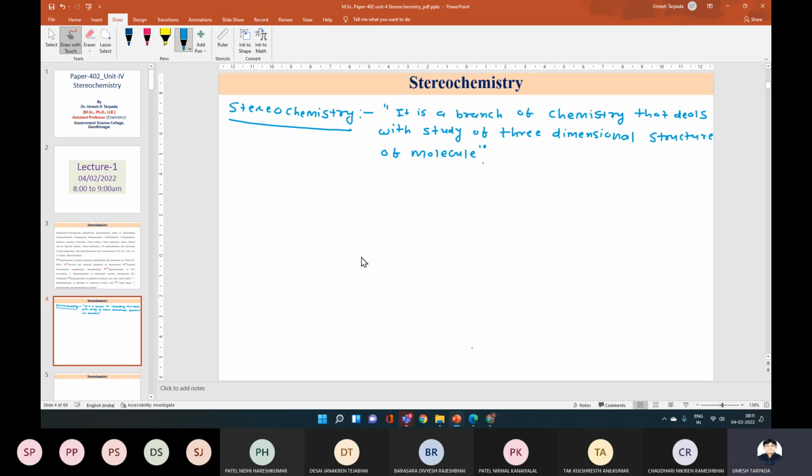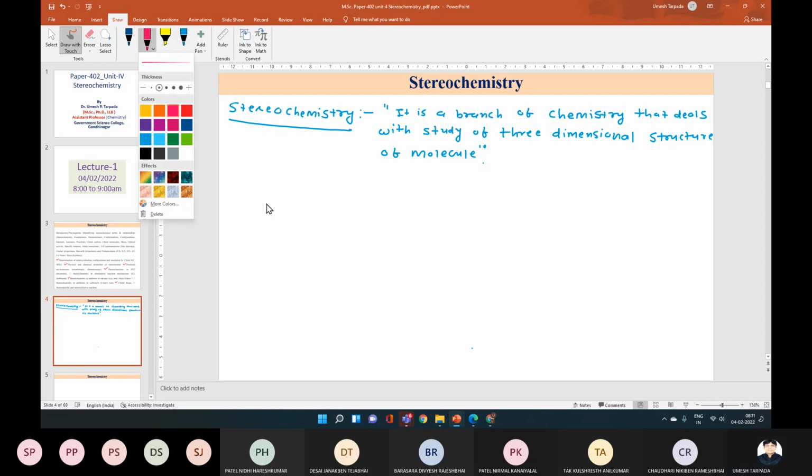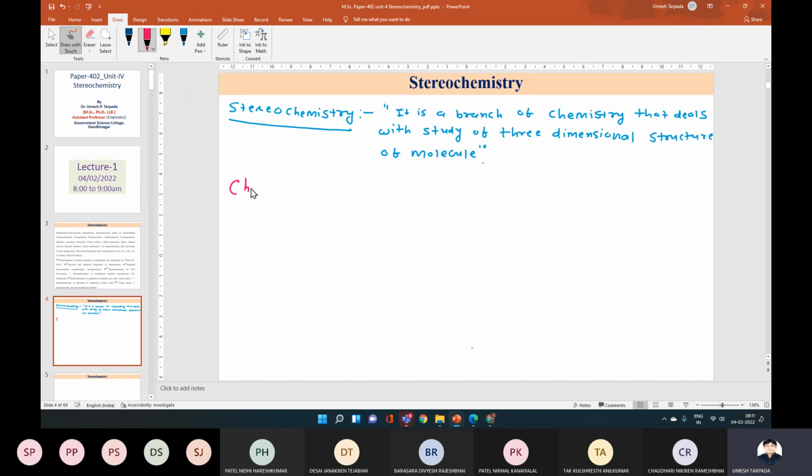And you know that in order to get optical activity, you need a very important center, that is the chiral center. What is a chiral center?